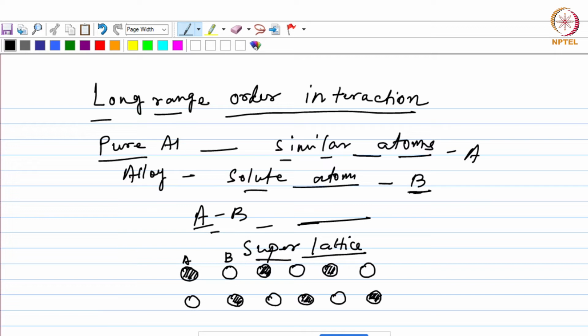Right? Now, if there is a dislocation motion through this long range order through the slip plane, then the motion of the dislocation will actually introduce what is called an antiphase boundary.